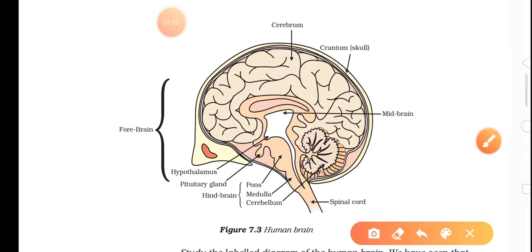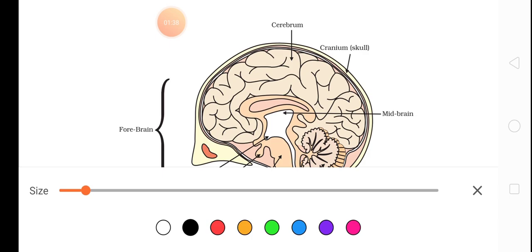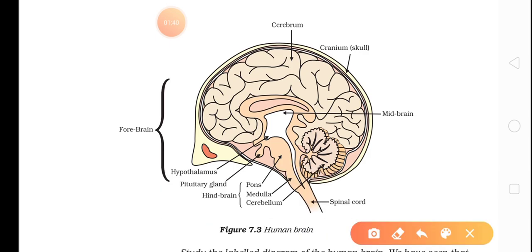The skull which you see, which is yellow in color, is given a name called cranium. Skull is a common name, but scientifically we call it cranium. So cranium is the hard part of the skeletal system which protects our brain.